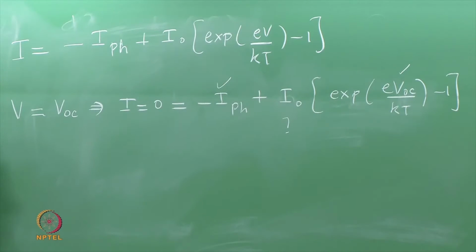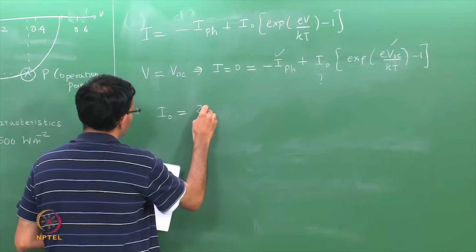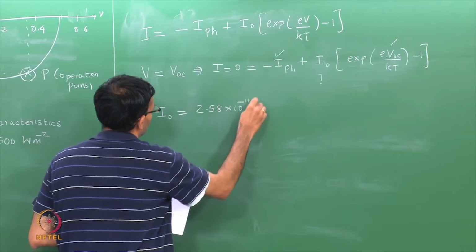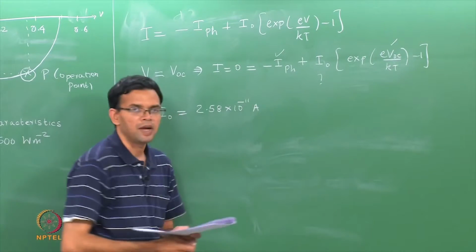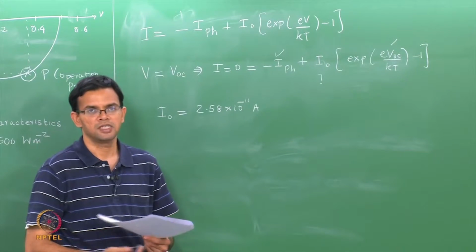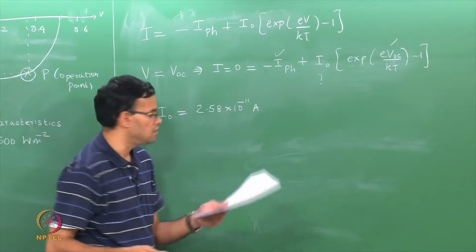So, we can make the substitutions, and I naught is calculated to be 2.58 times 10 to the minus 11 amperes. So, this represents the reverse saturation current in the system.